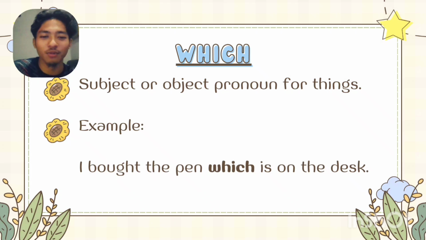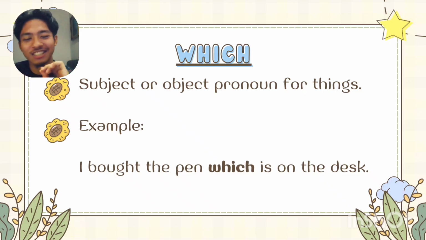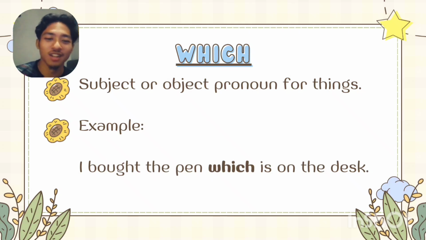The next relative pronoun is which. You see that I used which in the sentence that I said just now. So that's one example of how we can use which. Which can be used as subject or object pronoun for things. So it's a little bit different from who, which is for people, while which is for things.